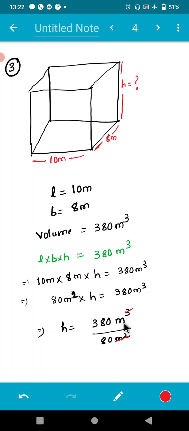Only 1 meter will be left in the numerator. Now we will also reduce this 0, so it will look like 38 by 8 meter. So if you divide 38 by 8, the final answer will be 4.75 meter.